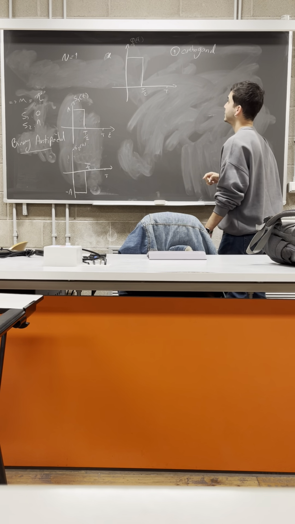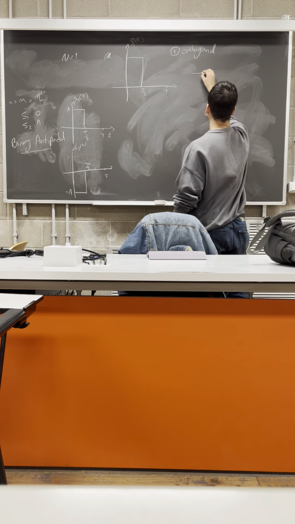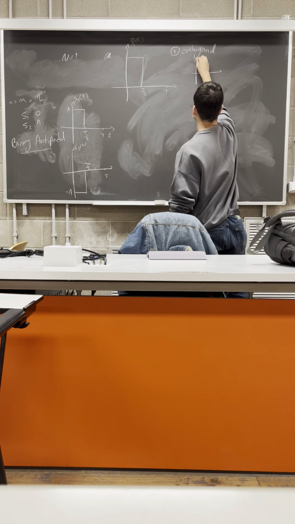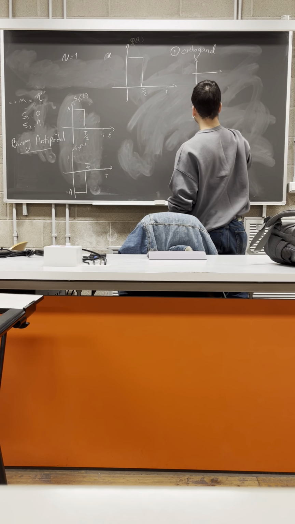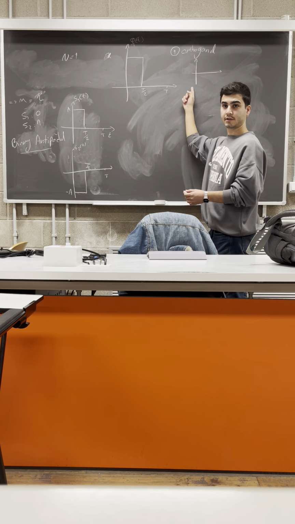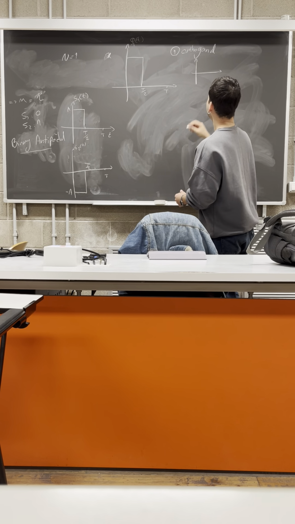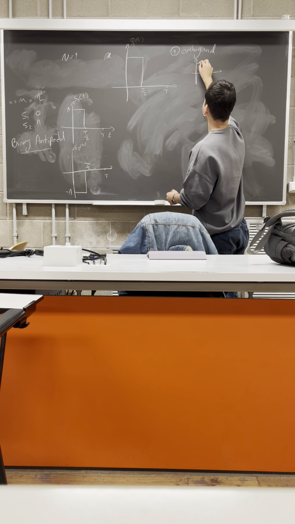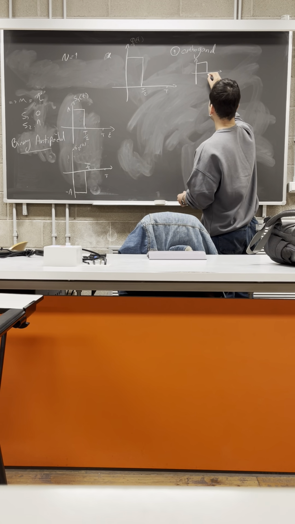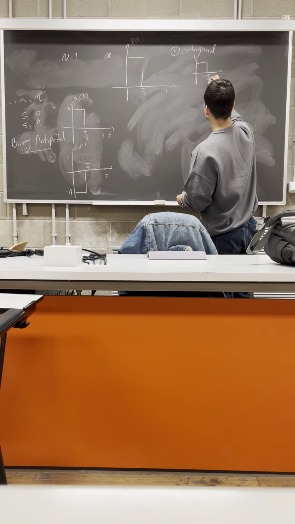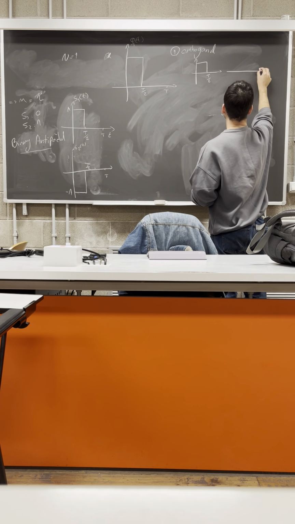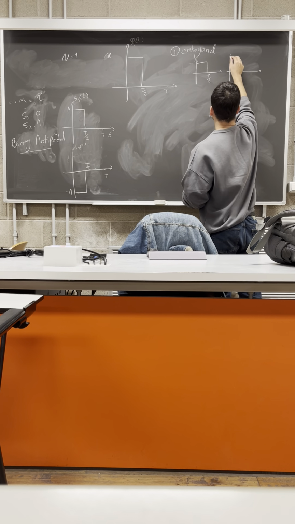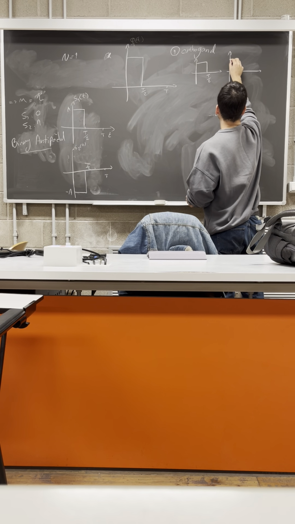What does orthogonality mean? It means that if I have two basis functions like this, this is for example t over 2.